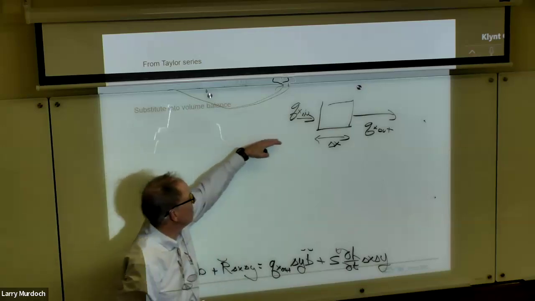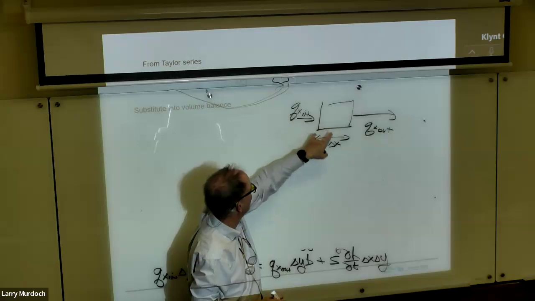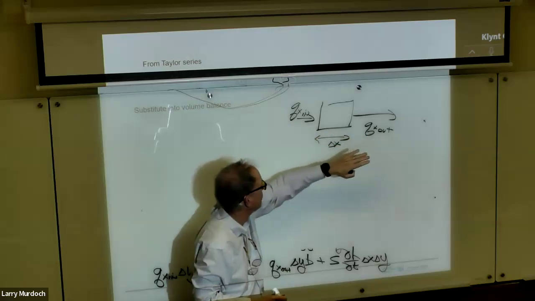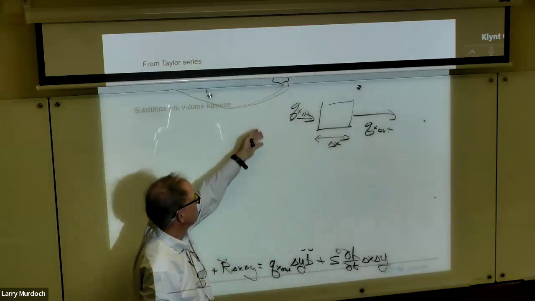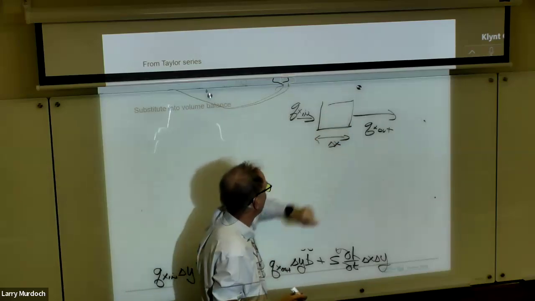So the flux is going along, and we've got a little control volume that's that big, and we've got this much going in, that much going out, and they're potentially different.